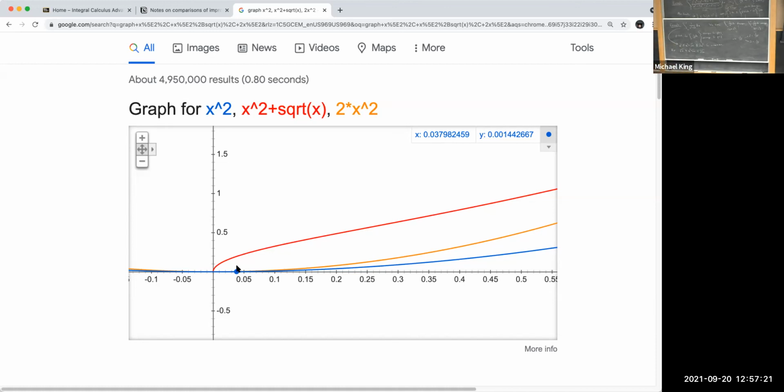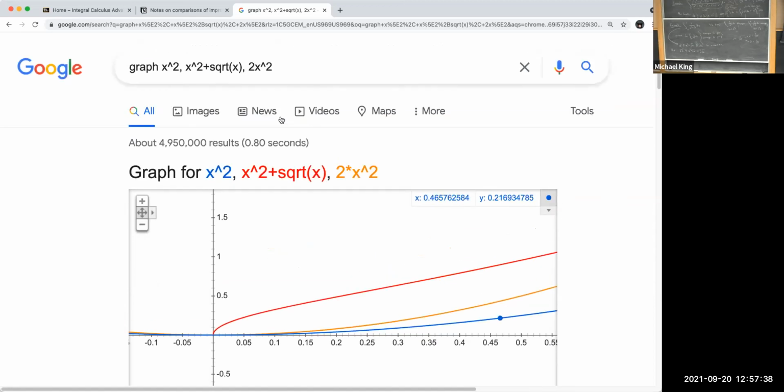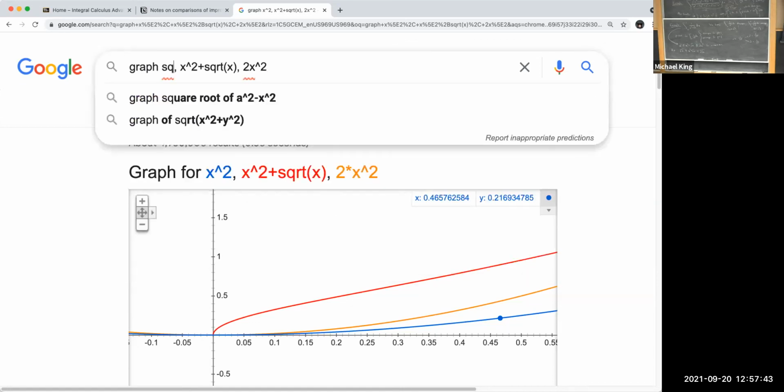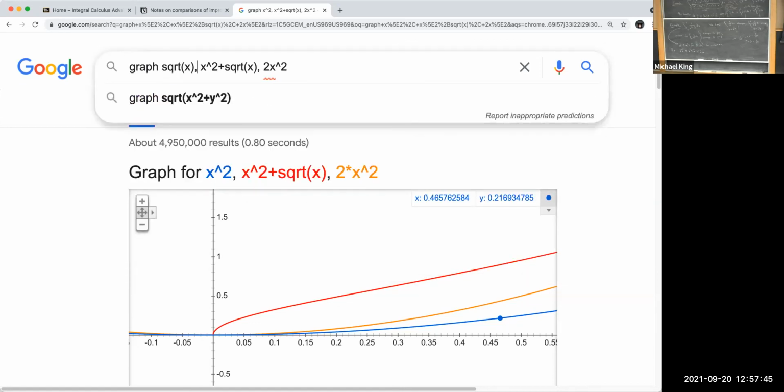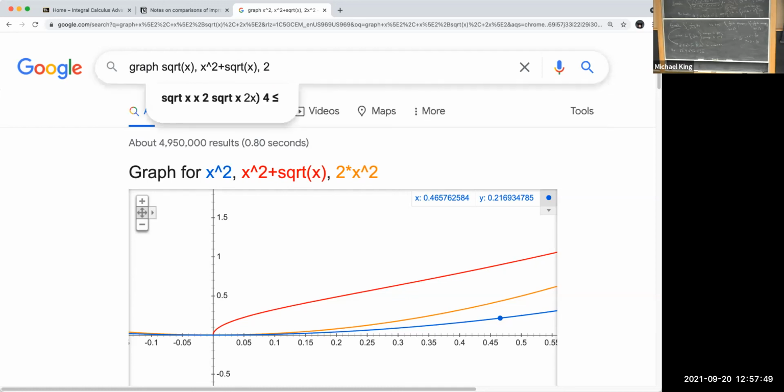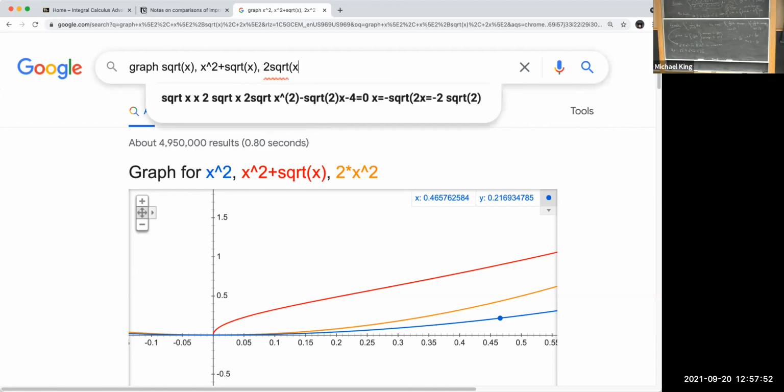So what if I graph those instead? Notice here the red graph is on top of both the yellow and blue graphs. I was trying to claim red was less than yellow on the screen, and that's not true, but I do claim that this inequality will work. So let's try it. This is where thinking about the actual numbers and plugging in small values and large values is really helpful.